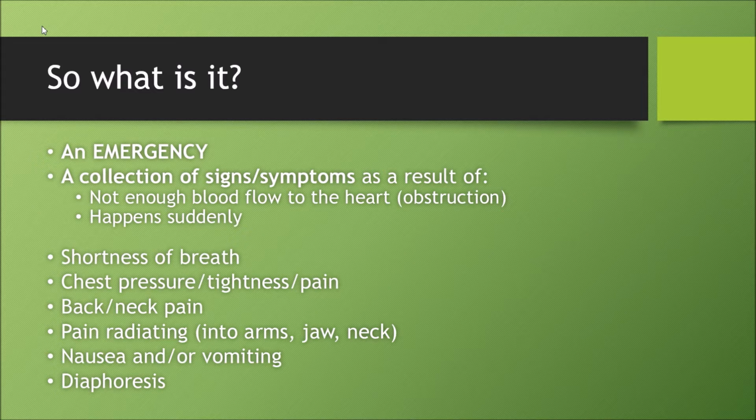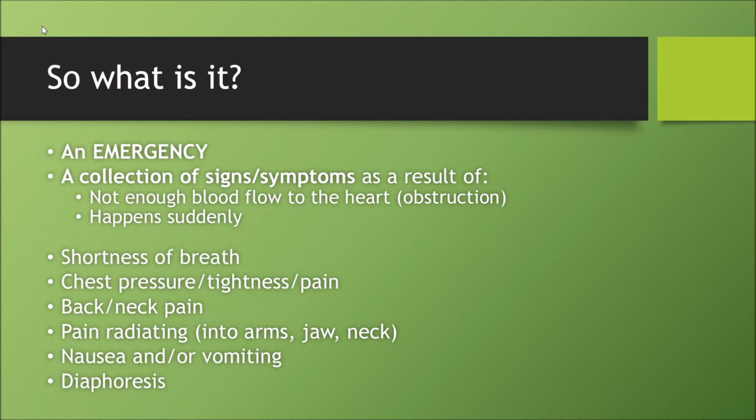And every person can report very different symptoms, and especially in females, they tend to have pretty atypical presentations when it comes to acute coronary syndrome. It is interesting to note, though, that while we say females tend to have different symptoms, the older a female gets, the more like males her symptoms become.